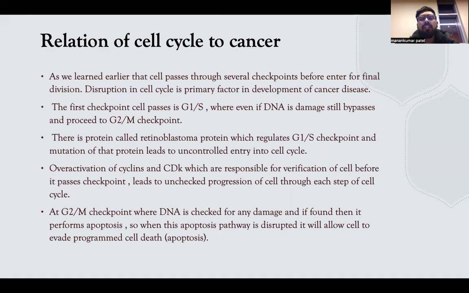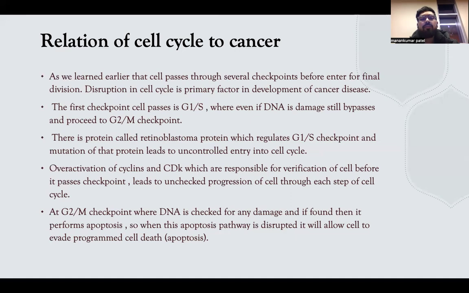So these were the activations of the cell cycle, CDK and cyclin complexes. A mutation or overactivation of these proteins will lead to cell progression without being checked at each checkpoint.